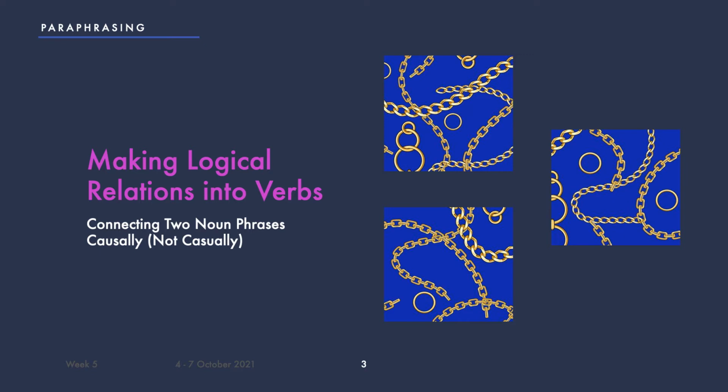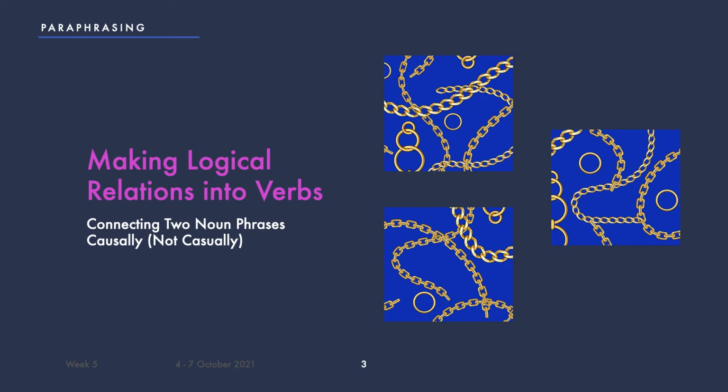And through verbalizing, we work the other way around, right? Last week we talked about nominalizing verbs into nouns, but this week we're going to talk about how we turn some other grammatical parts into verbs so that you can connect the two phrases causally.